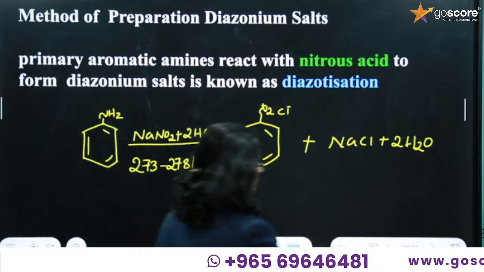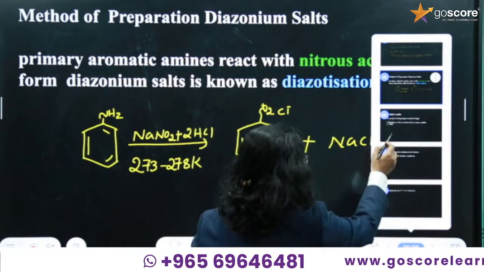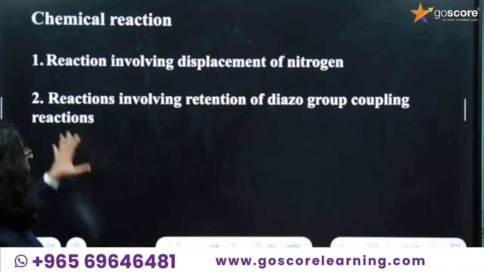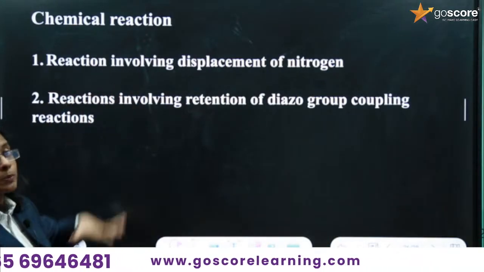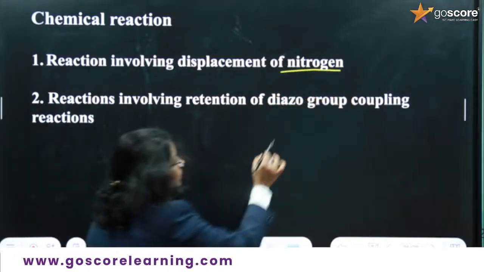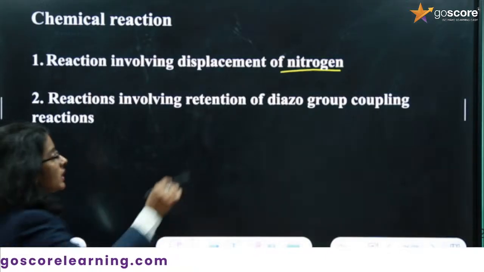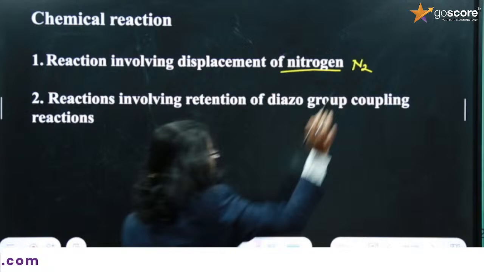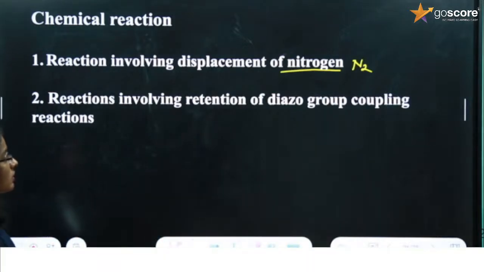So this is the method of preparation of diazonium salt. Is it clear? The next one is chemical reactions. Chemical reactions are of two types. Reaction involving the displacement of nitrogen from the benzene diazonium chloride, where the N2 will be eliminated, displaced.